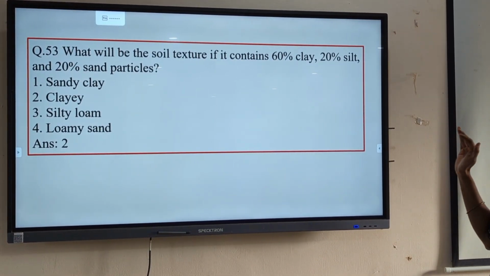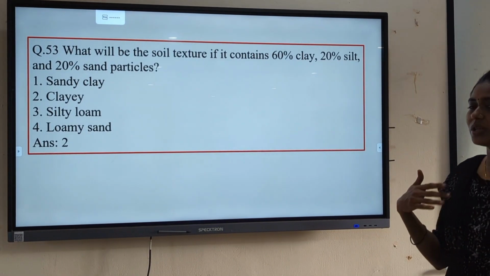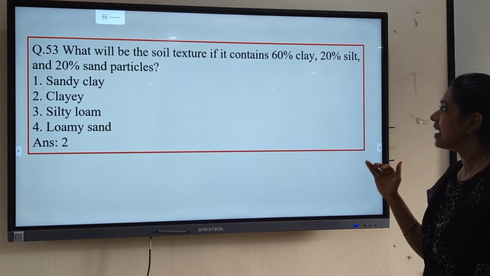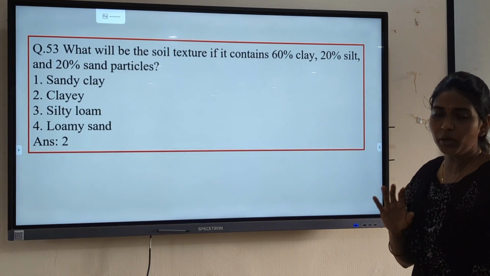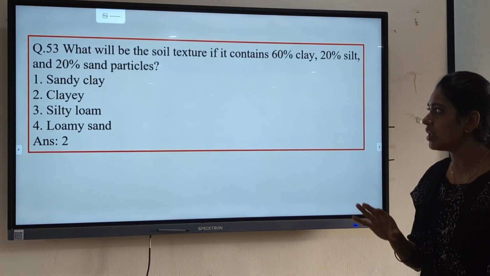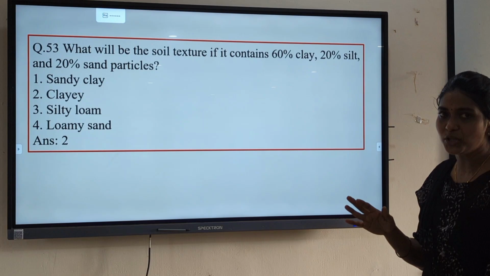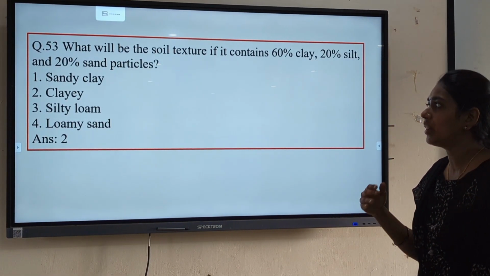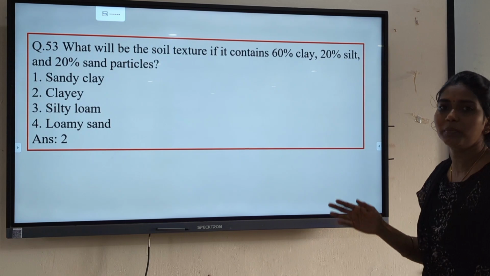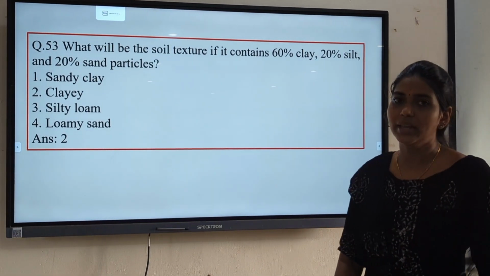So here, out of clay, silt and sand, which is more dominant? Obviously it is clay content, so the texture has to become clayey. If a soil has to have clayey texture, a minimum of 35% clay should be there, and in our question we have 60% clay. So without any doubt, we can say that the texture belongs to clay. So option 2 is the right answer.